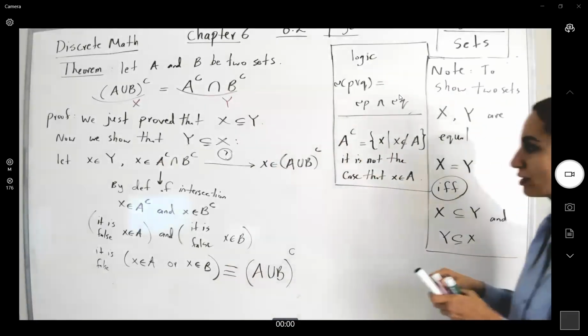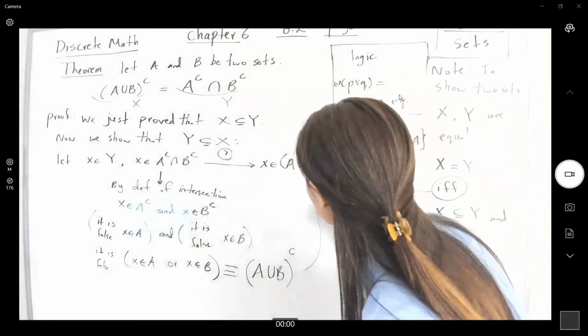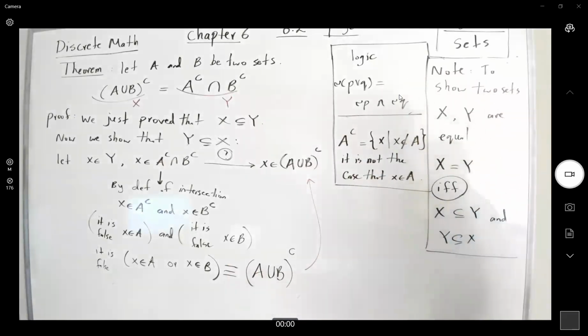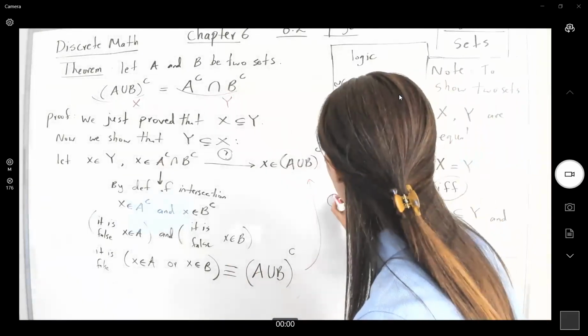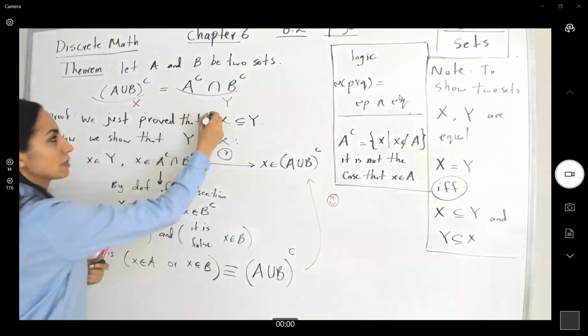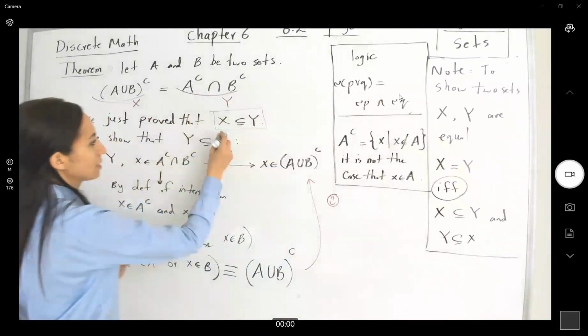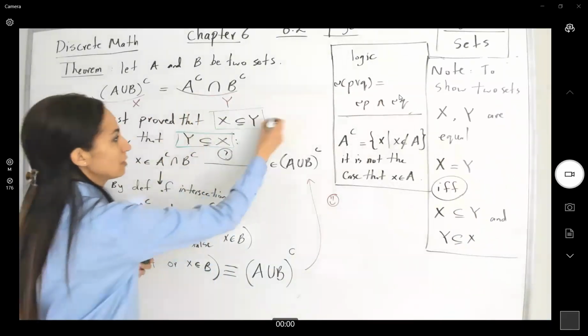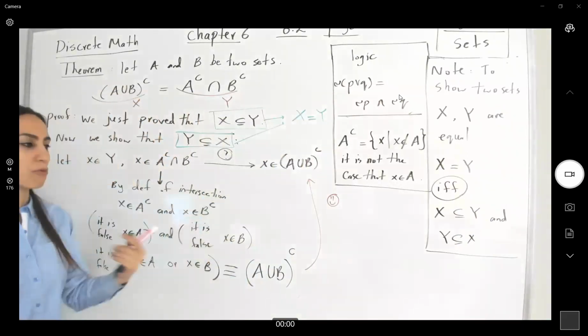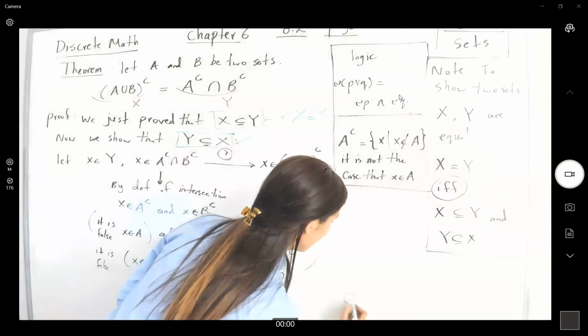So we just showed that X belongs to the complement of the union of two sets. So X is a subset of Y, and Y is a subset of set X, results in X equal to Y. We just proved this law.